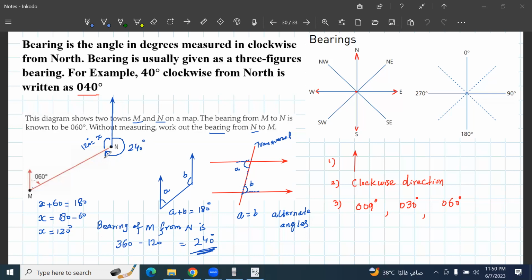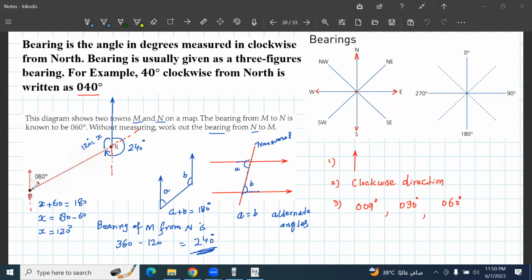This is the answer. But if you think about the parallel lines concept like alternate angles, you can do one step this way. I will explain with that concept also. For example, you have to extend the lines like that. Extend the lines down.